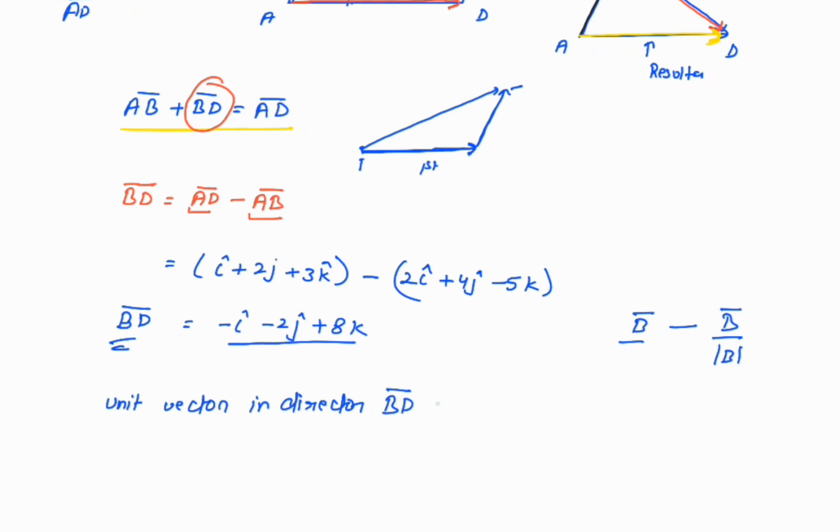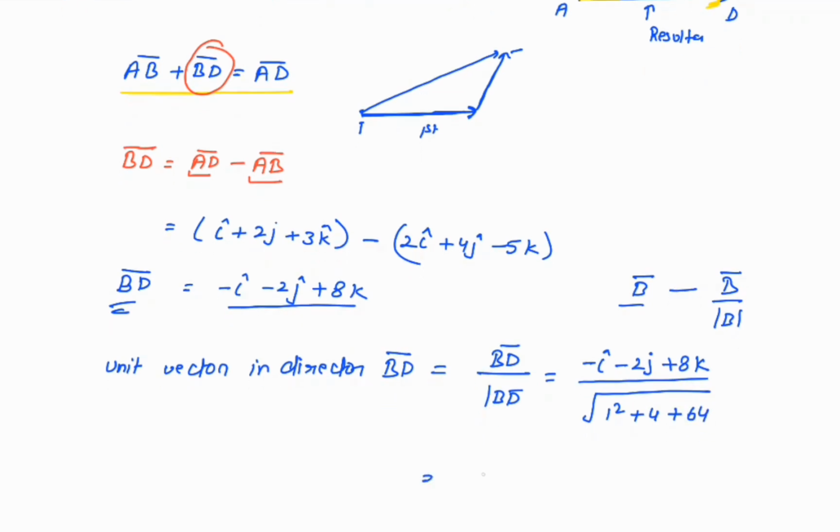vector BD will be equal to vector BD divided by magnitude of vector BD, which will be equal to minus i minus 2j plus 8k divided by how much? Divided by under root of, first term is squared, 1 squared, minus 1 squared, then you will get 4, then you will get 64.